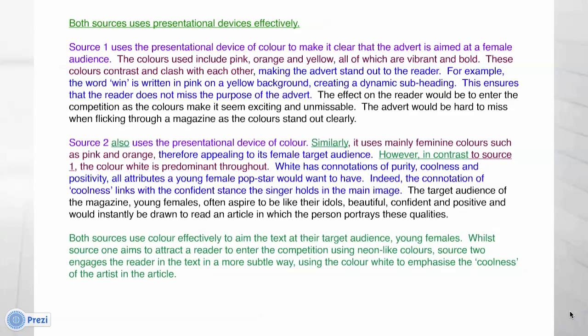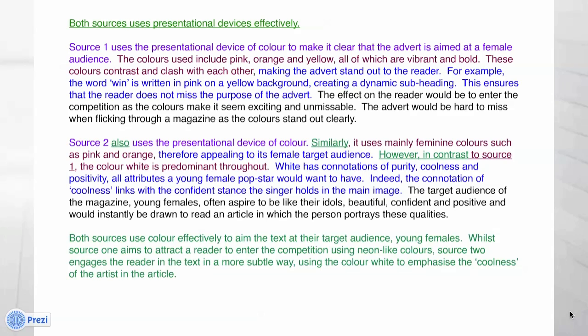Now I say source 2 also uses the presentational device of colour. So that word also is my comparison. Similarly, again another word of comparison, it uses mainly feminine colours such as pink and orange, therefore appealing to its female target audience. So we've got a mix here of our description of the technique and the purpose.